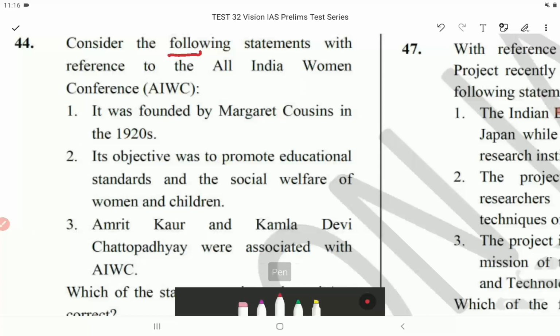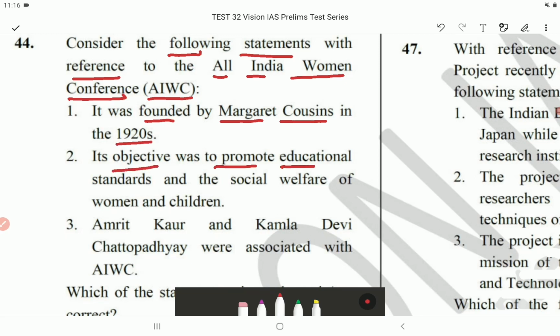Consider the following statements with reference to the All India Women Conference, that is AIWC. Statement 1. It was founded by Margaret Cousins in the 1920s. Number 2. Its objective was to promote educational standards and the social welfare of women and children.